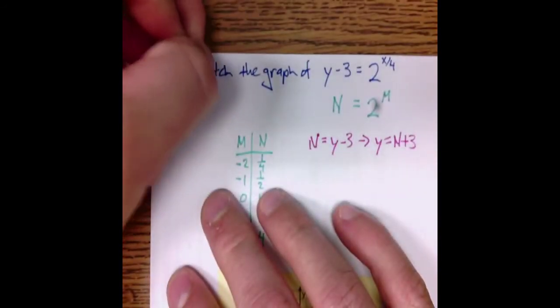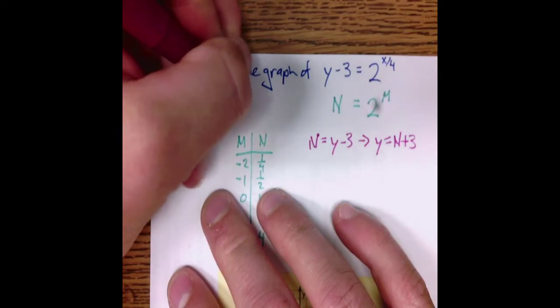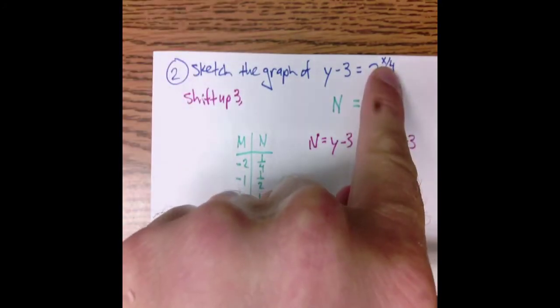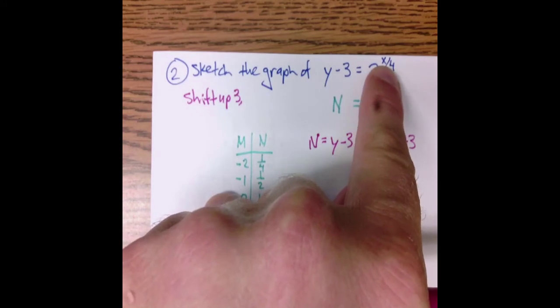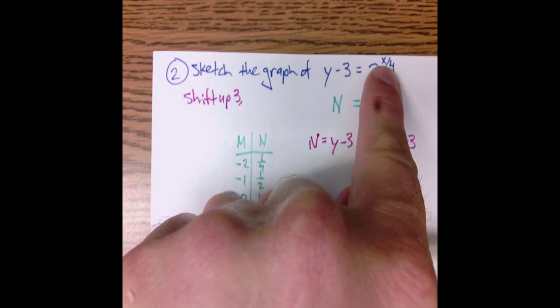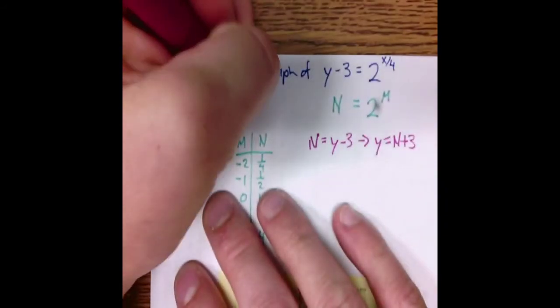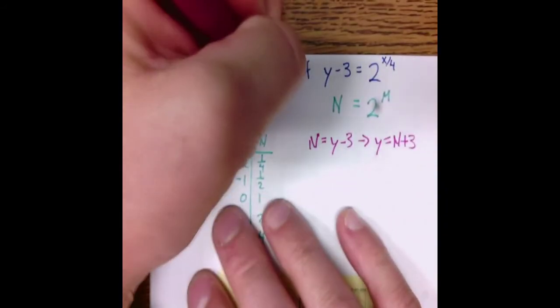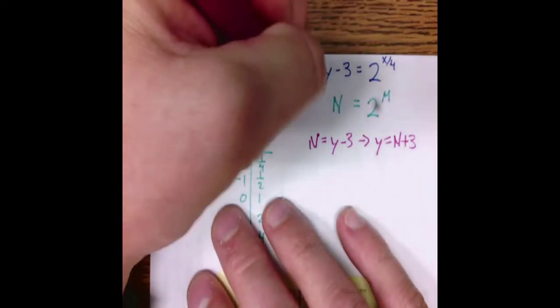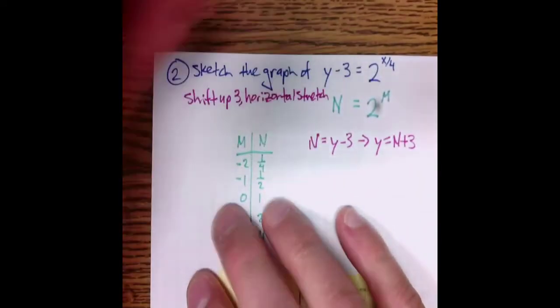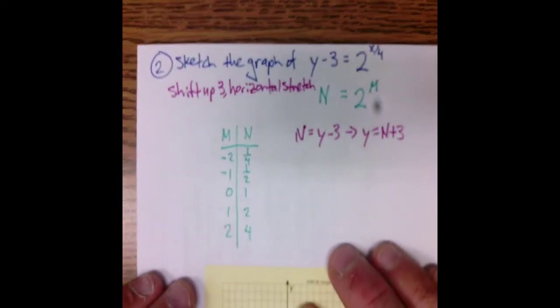So I'm going to write that, shift up 3, and then I've divided the x by 4. And remember, it does the opposite of what you think. Dividing seems like it should be a compression, but it's actually going to be a stretch. And that's horizontal. So we're going to make note of what we know is going to happen, that this is a horizontal stretch, okay?